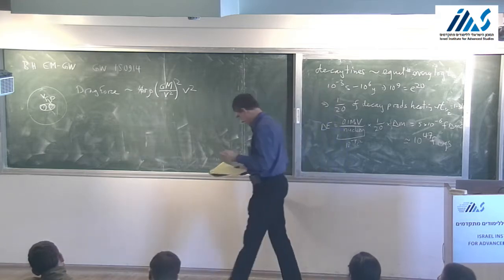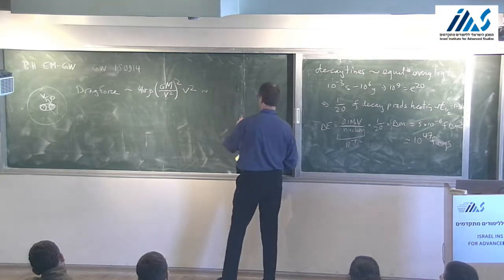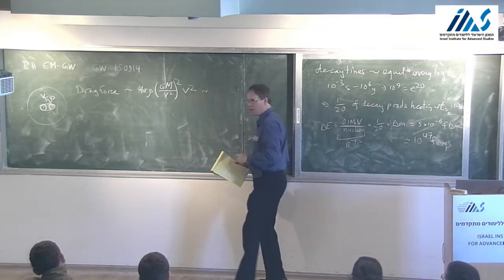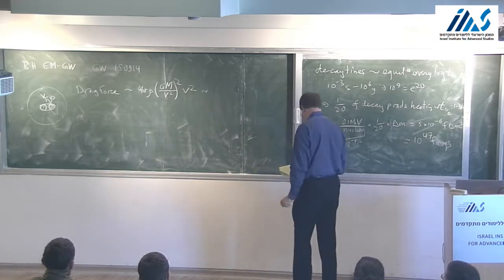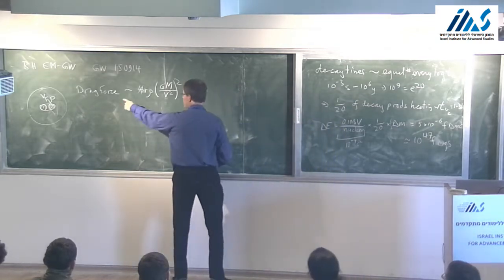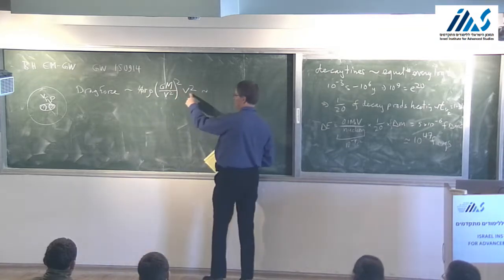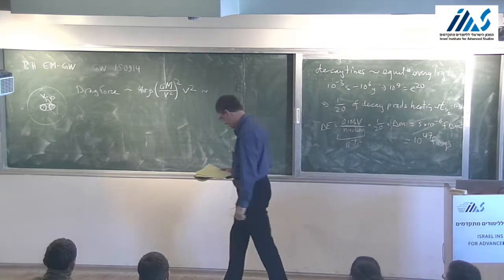So that's the order of magnitude of the drag force you expect, and for the same reasons that Ray mentioned, you can put in a logarithm when you integrate over the whole length of the tail of the Bondi-Hoyle. And the drag power, of course, will be the velocity times the drag force, so the drag power would have a v cubed rather than a v squared for the drag force.